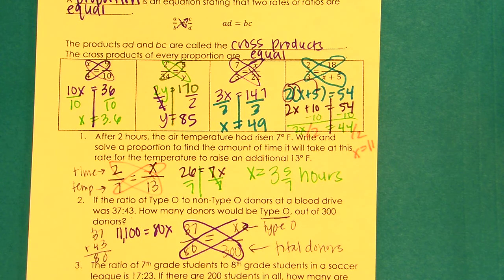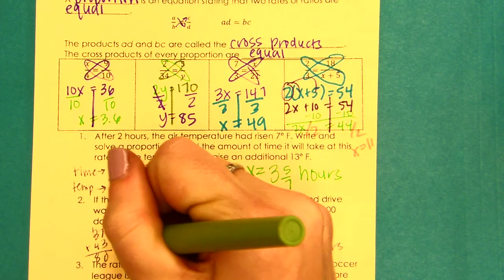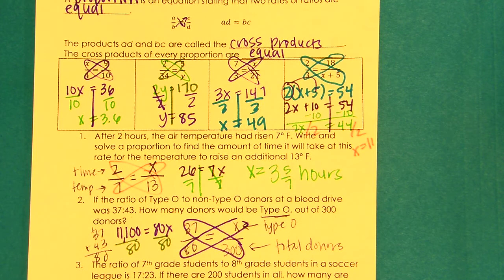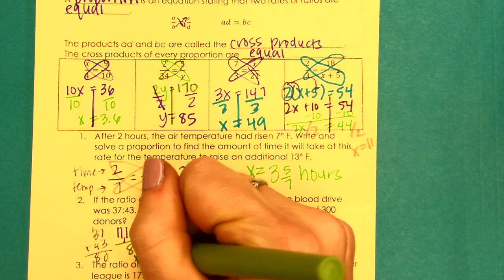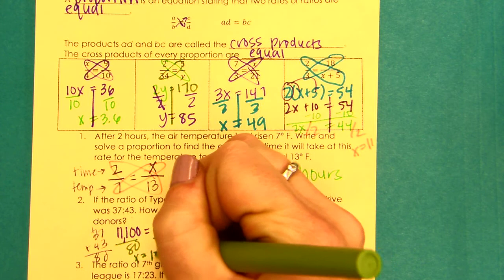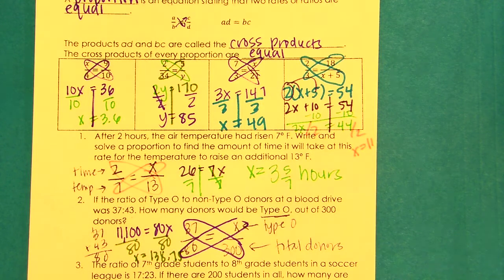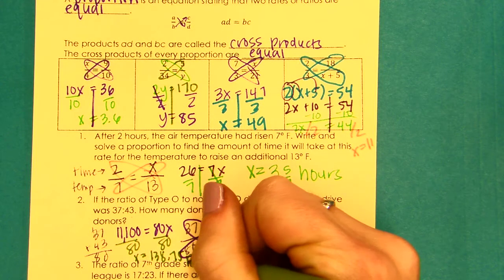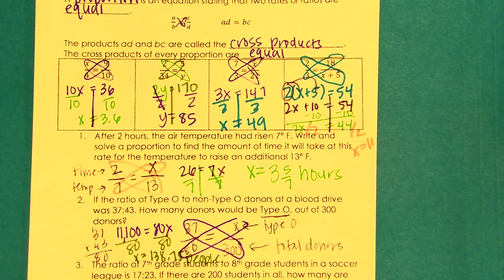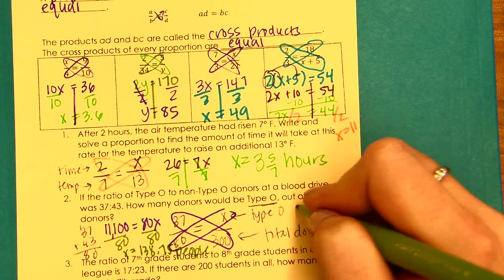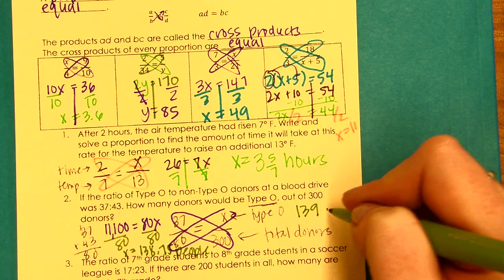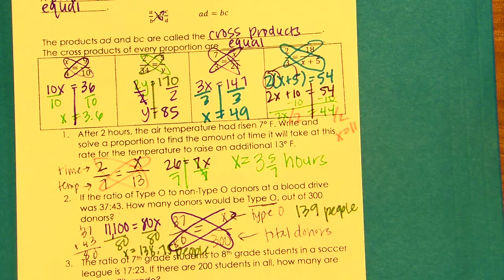Then divide by 80 on both sides. So I get x equals about 138.75. And that's people with type O. Can you have part of a person? Technically you can't, so we could also just say 139 people have type O because we can't have part of a person.